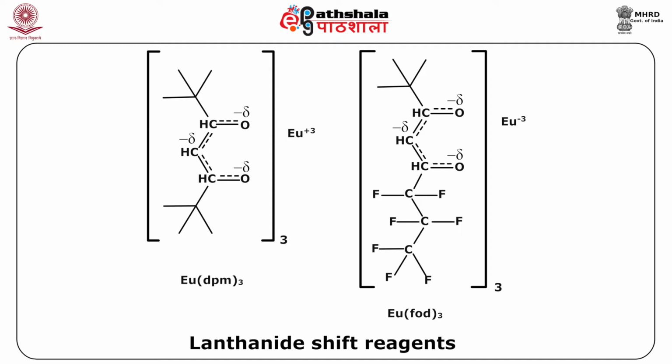Also you can just abbreviate it as Eu(fod)3. And another one is tris dipivaloylmethanato-europium, or you can abbreviate it, students, as Eu(dpm)3.